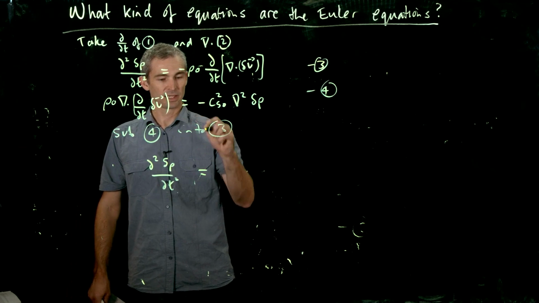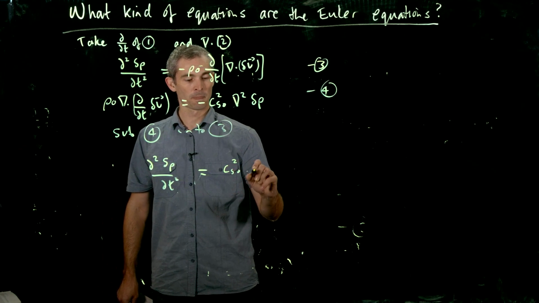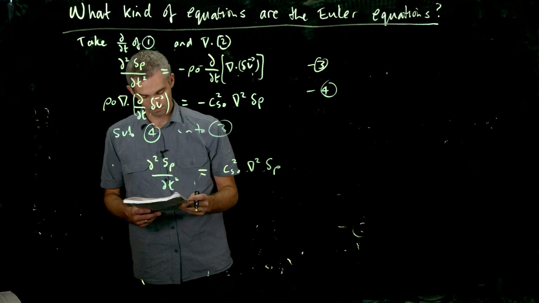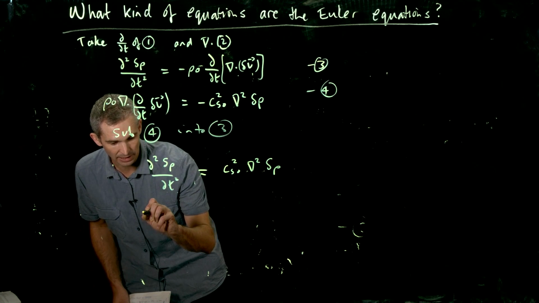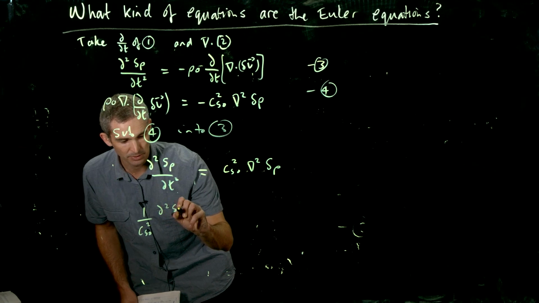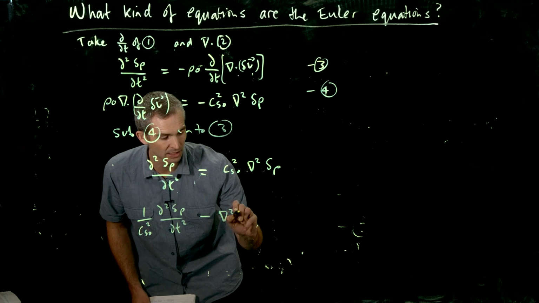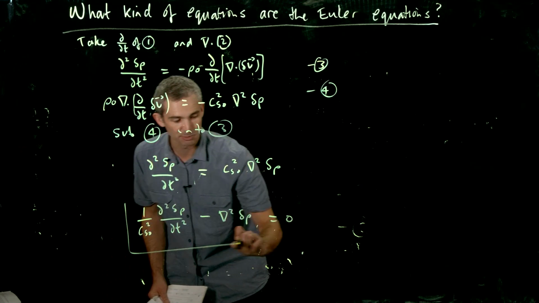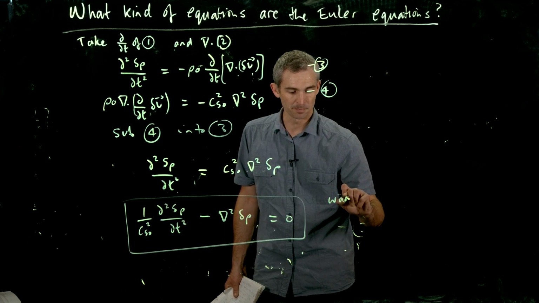So let's put that on the right-hand side. It gives us a plus cs naught squared del squared delta rho. Interesting. So what does this look like? Well, it looks like 1 on cs naught squared d squared delta rho dt squared minus del squared delta rho equals 0. And you have seen this equation before. So that's simply the wave equation.